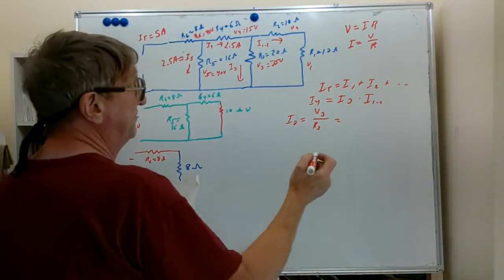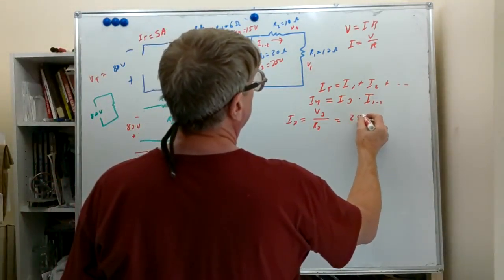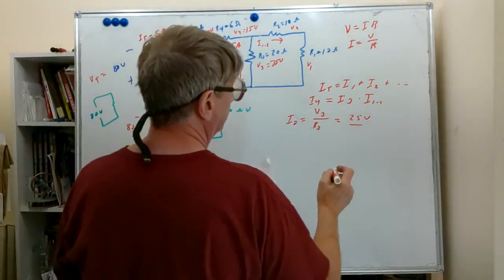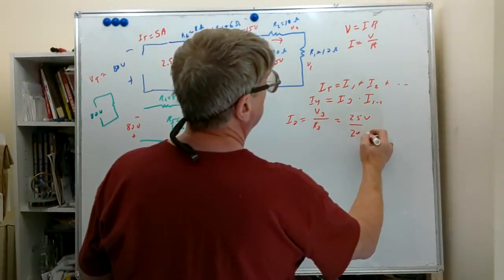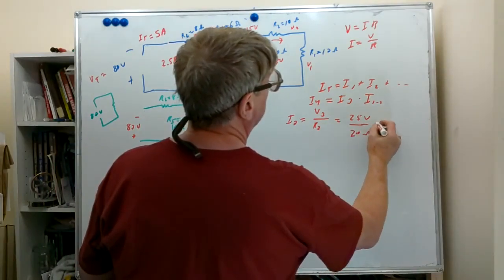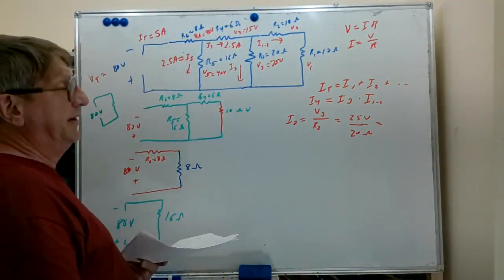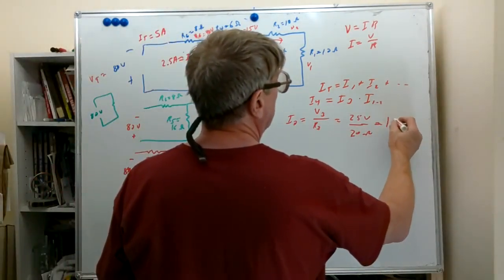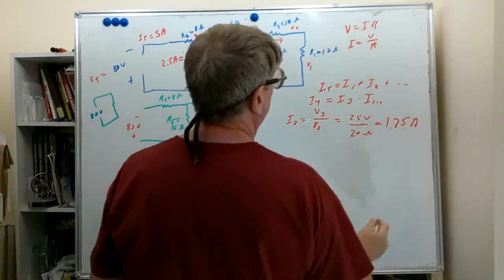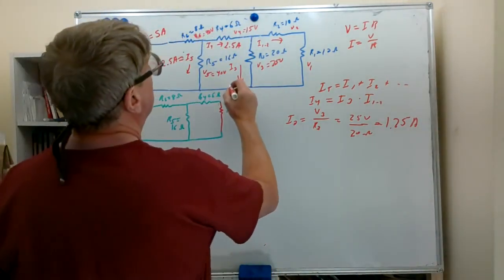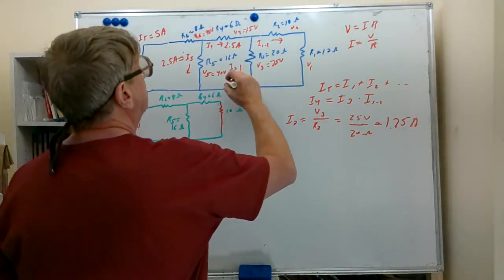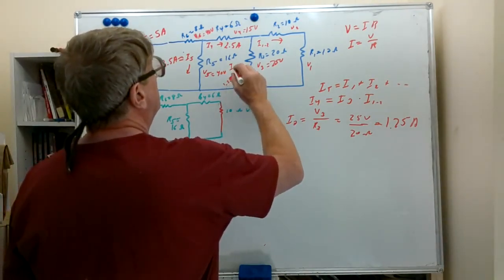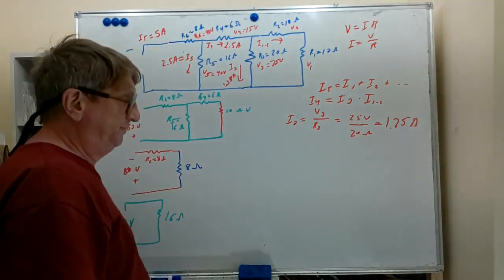Voltage 3 is 25 volts, and resistance 3 is 20 ohms. So when we divide 25 by 20, we end up with 1.25 amps. So let's put that I3 on the drawing here. Running out of room, so right there, 1.25 amps.